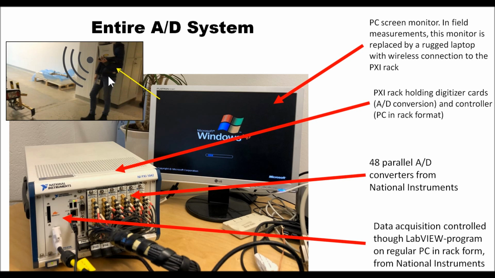But recently, Dr. Stockhammer made this small field laptop computer communicate wirelessly with this A to D conversion box. So everything can be controlled from an external laptop computer through wireless communication.